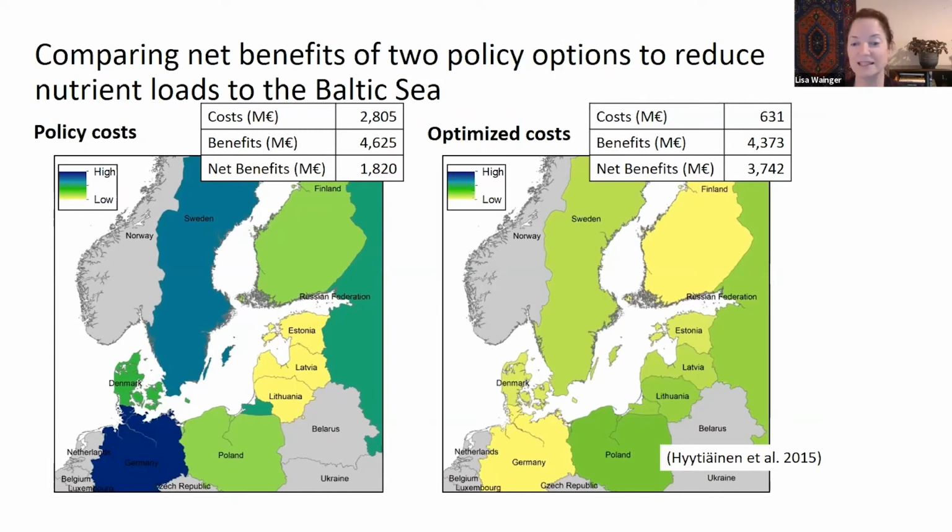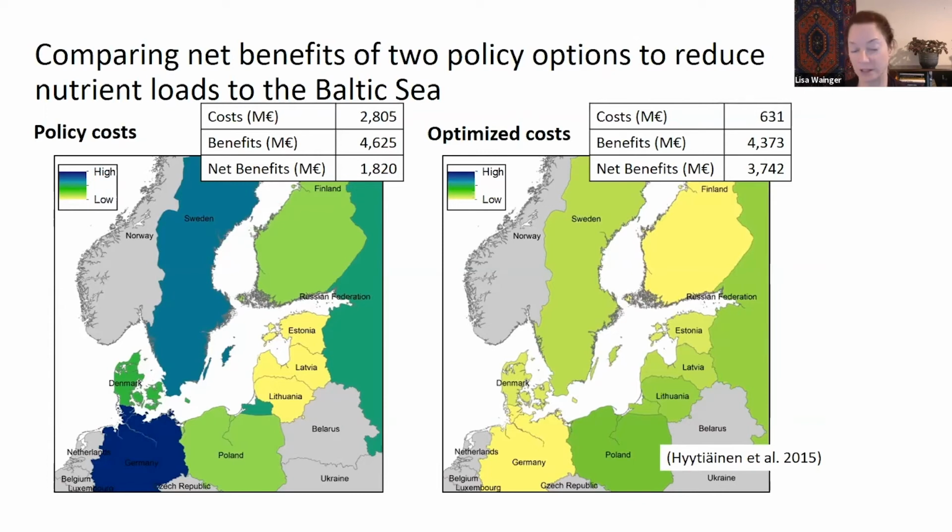And so this essentially would be like a trading idea. Instead of everybody doing their percentage of their pollution, maybe people who polluted a lot, but who have already done a lot, like Germany is a great example. They've already upgraded all their wastewater treatment plants. They've already spent a lot of money on farm implementation that would reduce nutrient runoff.